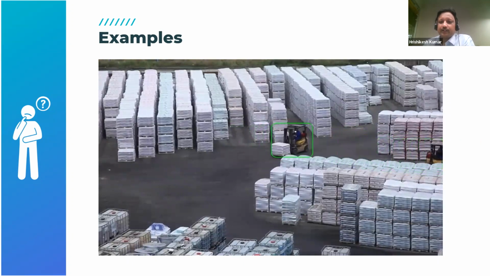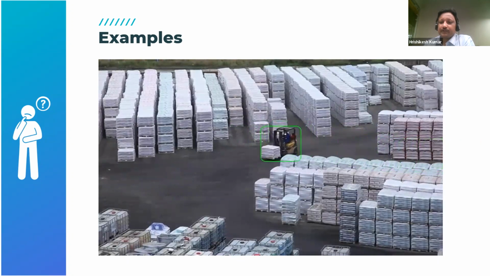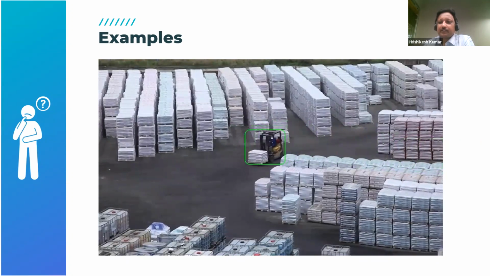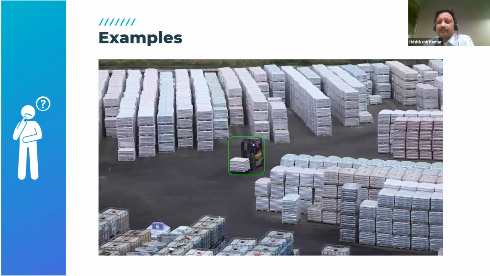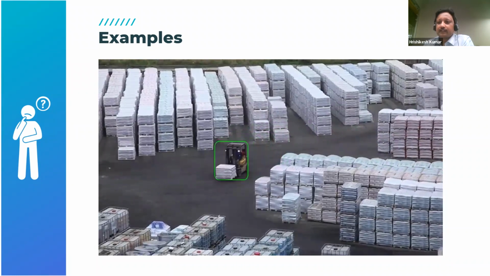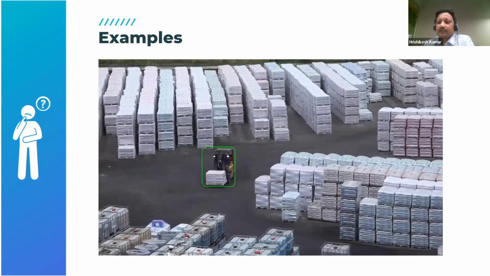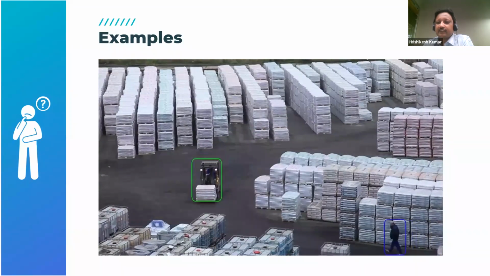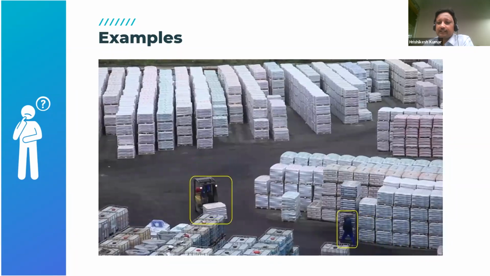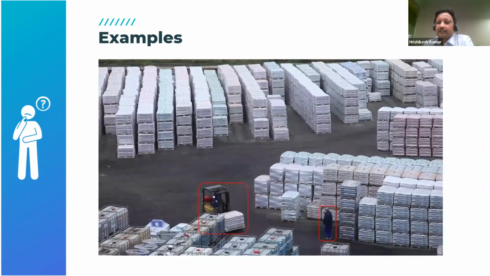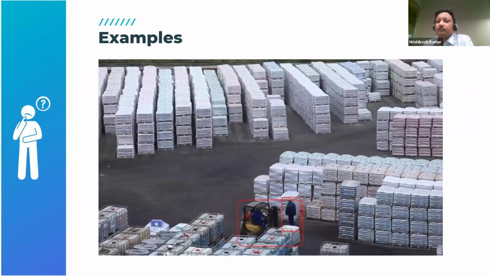So, one small video of moving vehicle safety. As I was saying, there are dark spots in most of the places. The vehicle is moving, and the person is not realizing that he is in the path of the vehicle, right? And the person could really be in danger.